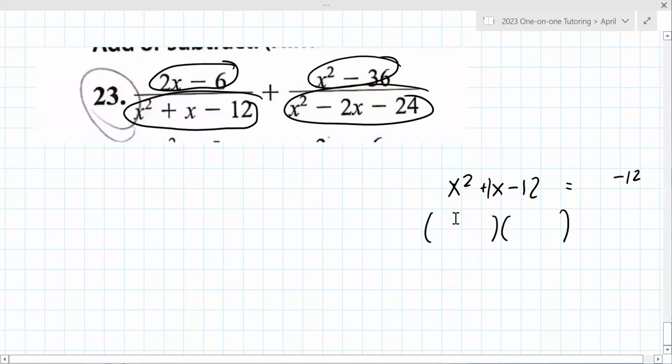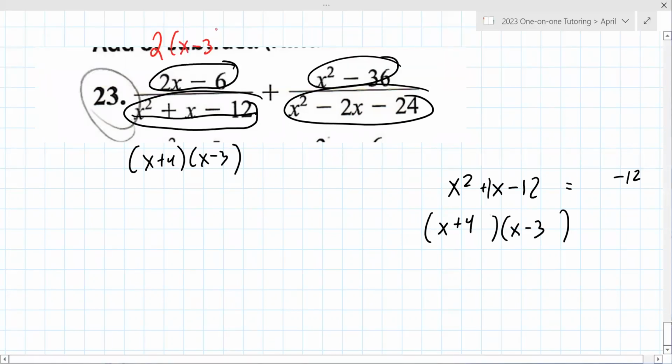So what goes in parentheses? X plus 4 and x minus 3. Very good. All right, so that's one down. What I typically do is write it underneath and then cross it out, or above and cross it out. The one in the top left here, a 2 goes into both of them. So it's 2 times x minus 3.